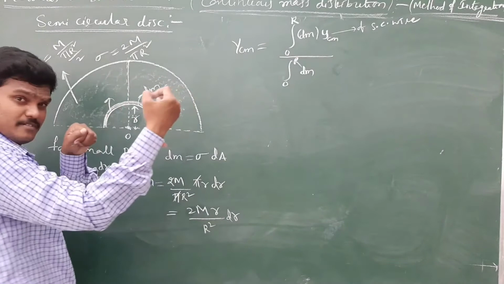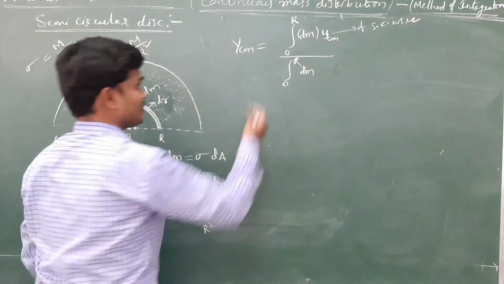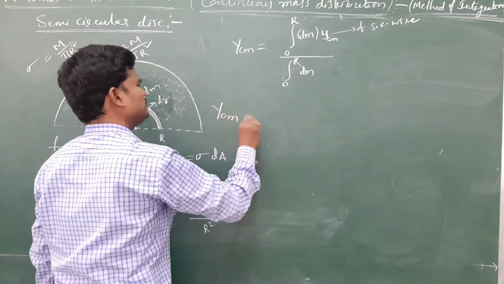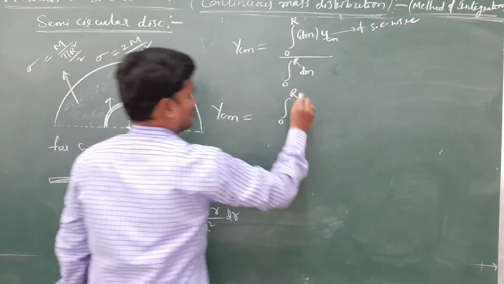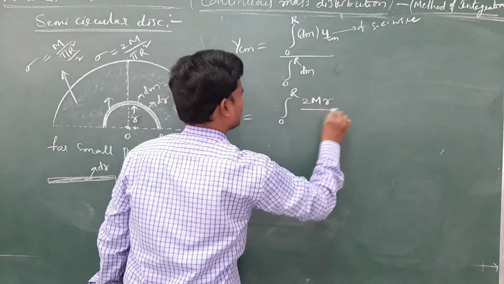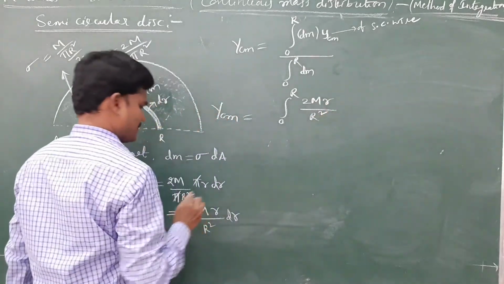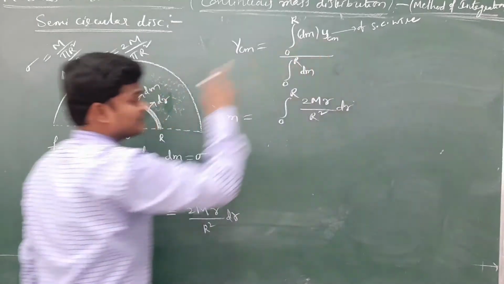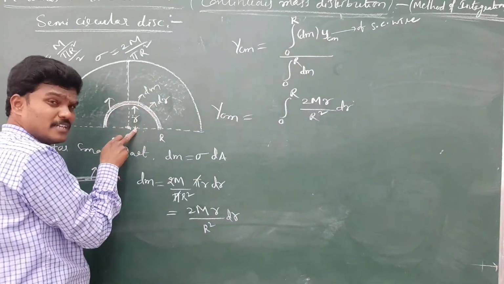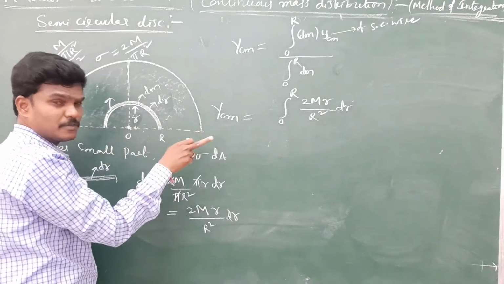Take this part outside. It looks like a semicircular wire. So YCM is equal to the integral from 0 to r, dm is 2m small r by capital R square dr, and the center of mass of the semicircular wire. If small r is the radius, then just now we got the formula 2r by pi.